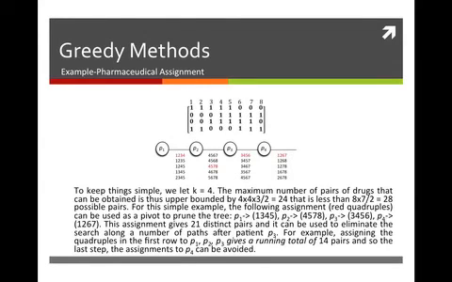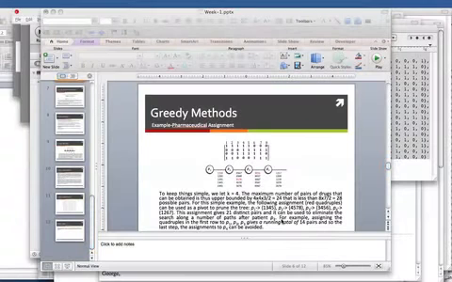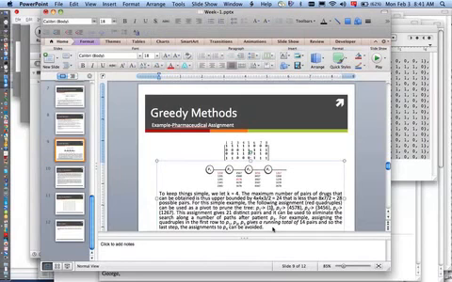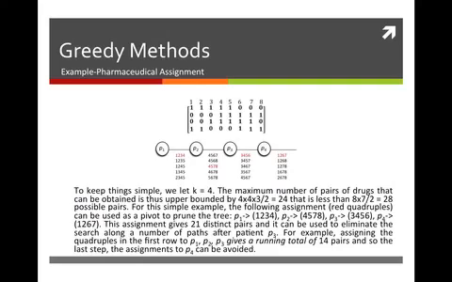Let me see, 1, 2, 3, 4. So P1 needs to be updated here. P1 must be P1, 2, 3, 4. Just make that change real quick. So with this, these two have nothing in common. 3, 4, 5, 6 has 1 in common with P1, 1 in common with P2.